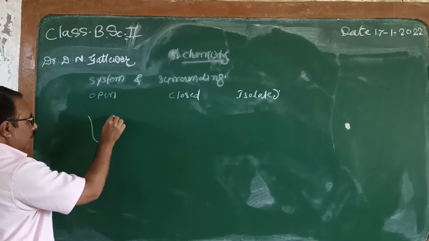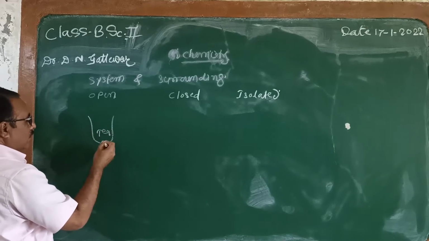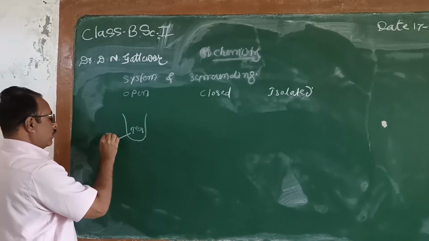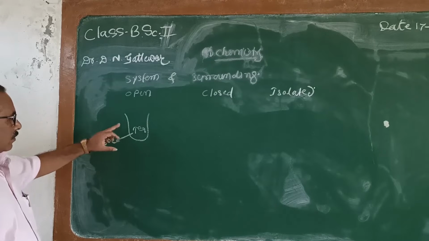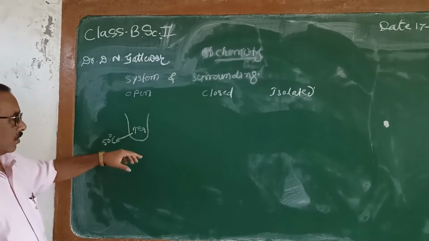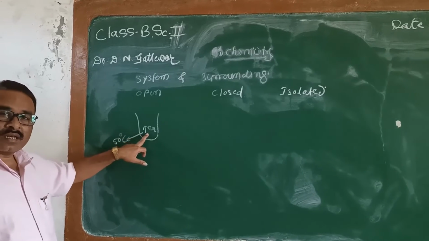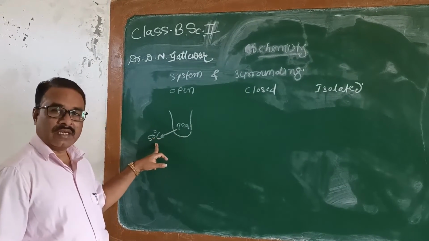Again we take the example here. This is the tea, and suppose its temperature is 50 degrees Celsius. Consider this is the cup, and inside the cup we fill hot tea. The temperature of that tea is 50 degrees Celsius.